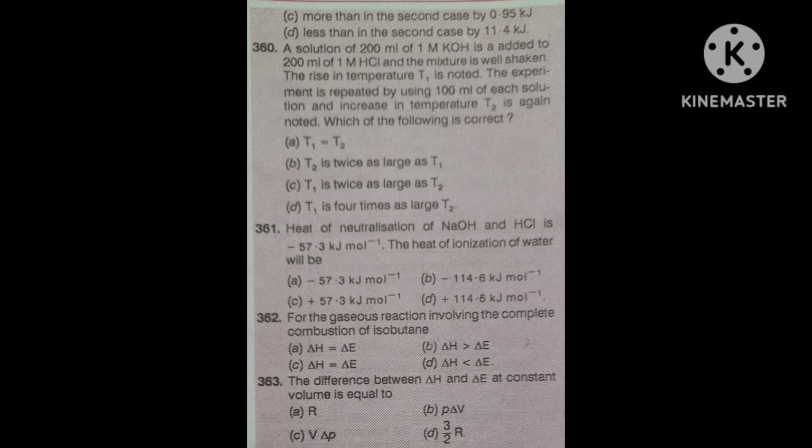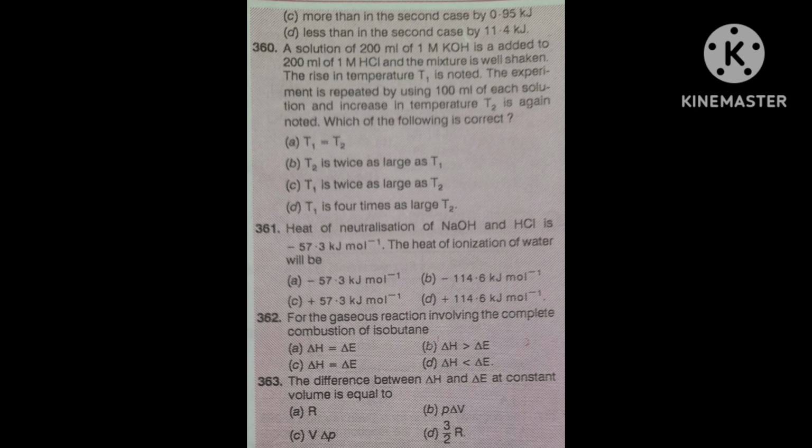Here you got the value 3 by 2 in the place of delta N. Whatever be the value of R and T, delta H will be greater than delta E, 100% guaranteed. Delta H is equal to delta E plus 3 by 2 RT. Obviously it is more. Delta H is greater than delta E.